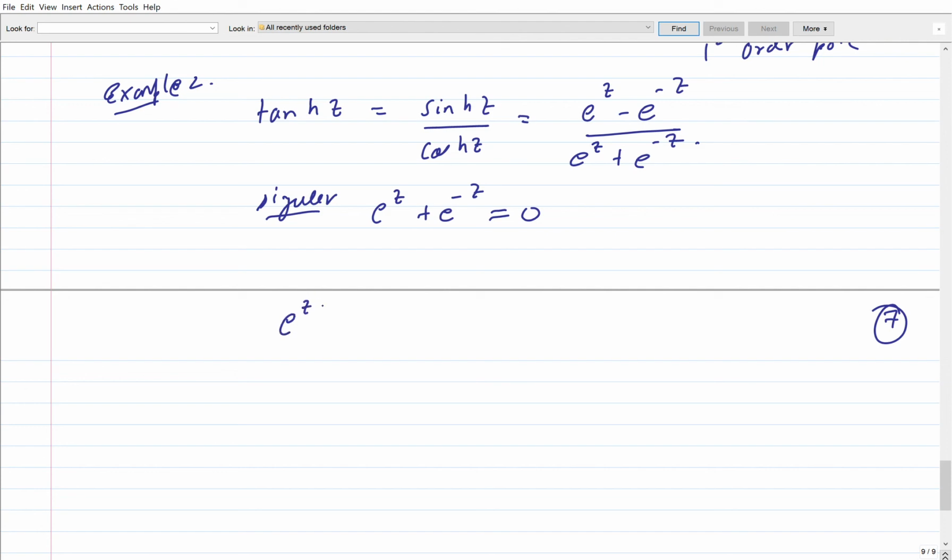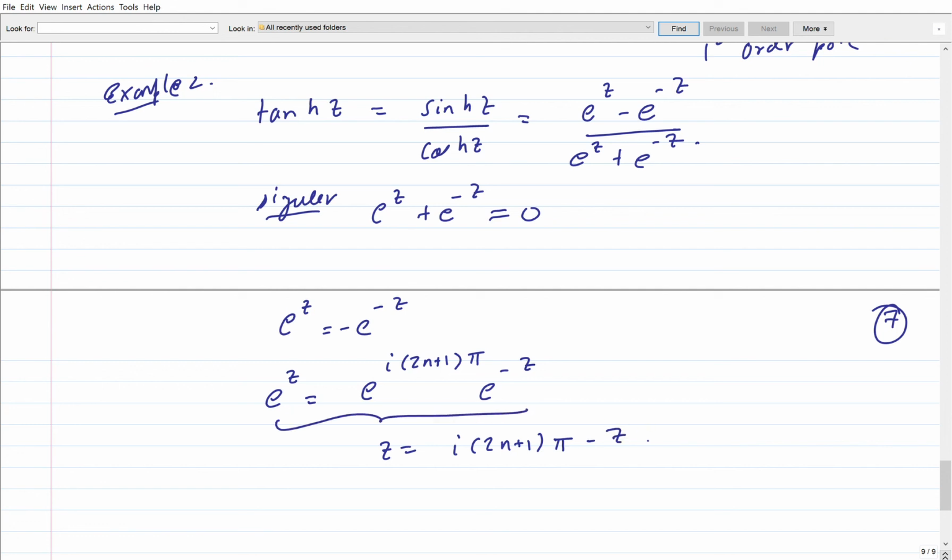So I put e to the z equals minus e to the minus z. Minus 1 is e to the iota (2n plus 1) pi, so e to the z equals e to the iota (2n plus 1) pi times e to the minus z. So z equals iota (2n plus 1) pi minus z.